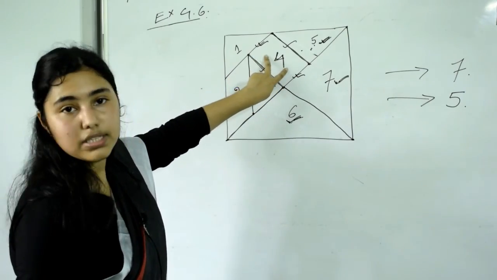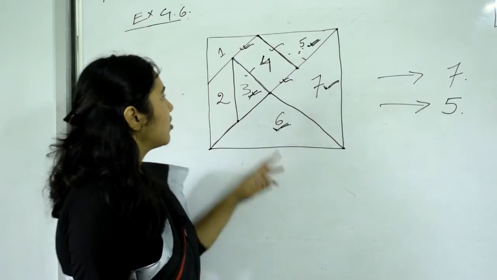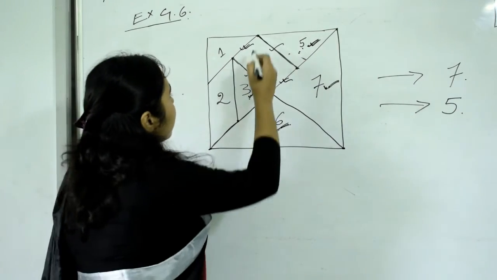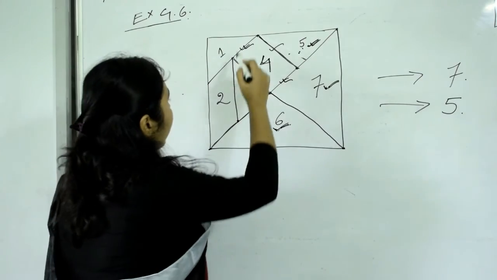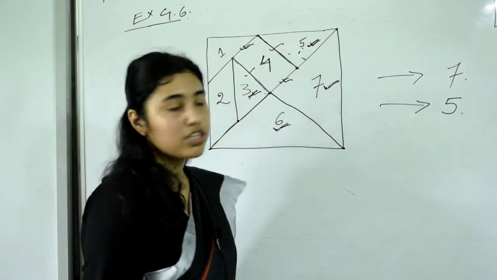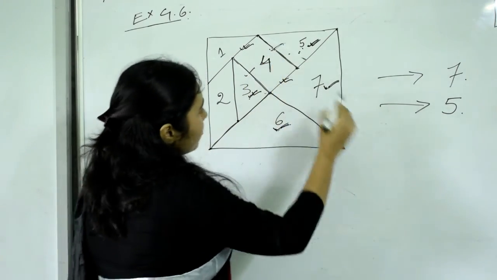So number 4 has 4 vertices and 4 sides where opposite sides are equal. So this is nothing but a rectangle.